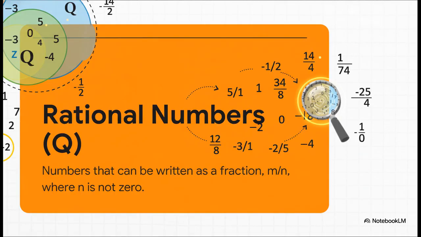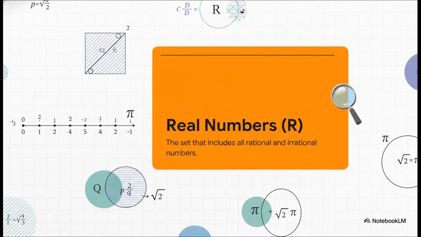Then we have the rational numbers, which we call Q. This set is basically any number that you can write down as a fraction. So 1/2, 3/4, even a number like 5, because that's just 5 over 1. This group contains all the integers plus all the fractions that live in between them. Okay, now we're getting even bigger. The real numbers, or R. This massive collection holds every single rational number, but it also includes all the irrational ones.